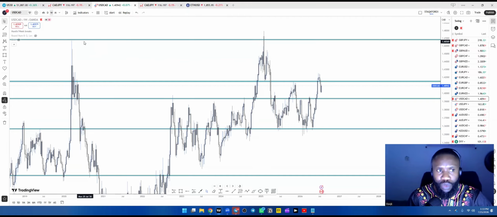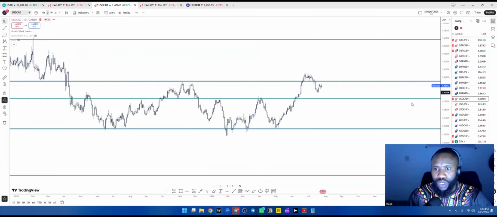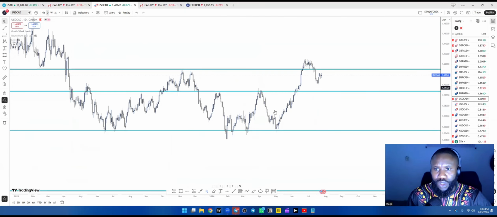So I am going to move down to the daily time frame. Let's see what is going on on the daily time frame. On my daily time frame, you find out that this level was a support that was broken, because price is supposed to move from this level and then continue.